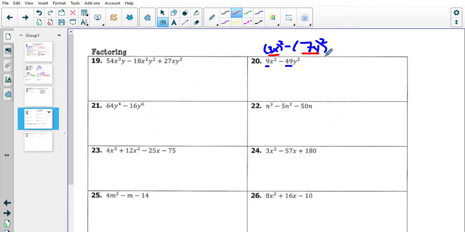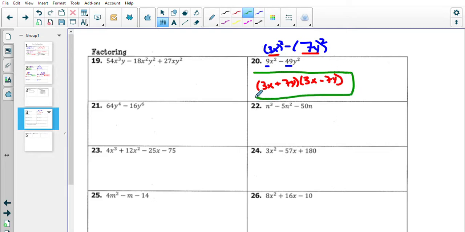And the difference of squares formula tells us that then what do we do with these? We have to add them together, 3x plus 7y. And we have to subtract them, 3x minus 7y.